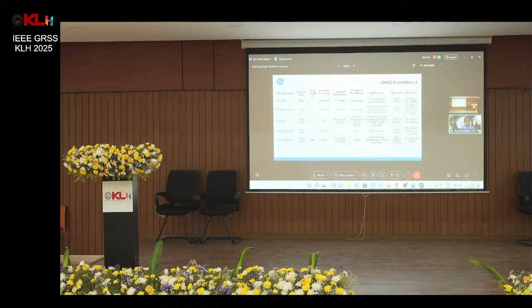It started only about 2 decades back, and this is the list of GNSS-R satellites. There are 2 slides, I could not fit on one slide. It started with UK-DMC and TechDemoSat, and then later on that led to the CYGNSS mission, which was launched in 2016.